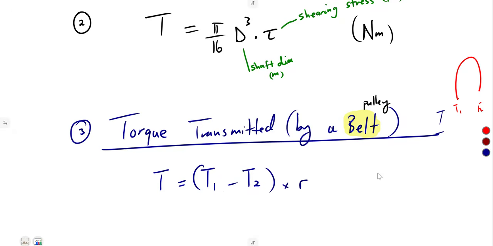Times the radius. So we must take note: effective tension T1 minus T2. That's our TE, the difference, where T1 is representing the tight side and T2 is the slack side that we have. All right, so that is it, guys. Tight side. This is our slack side.